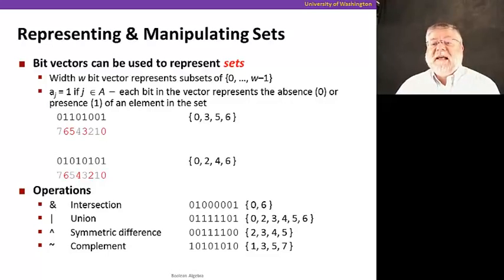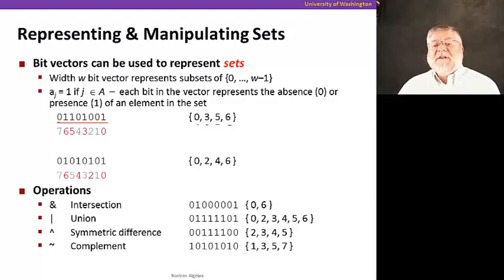In this case, the set can have up to 8 elements. And you'll notice in this example here, I have this particular vector, and I can have each bit represent one element of the set. So this bit sequence would represent the set of element 0, element 3, 5, and 6, because those are the ones I've set to 1.